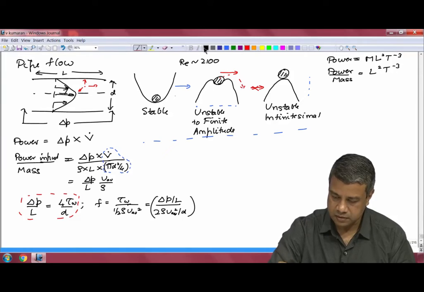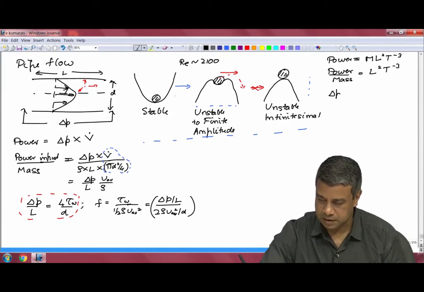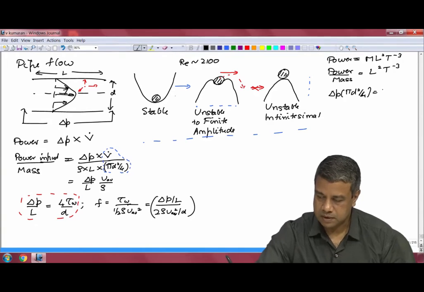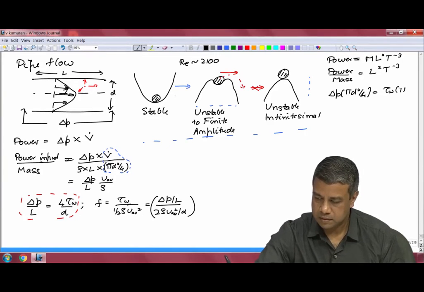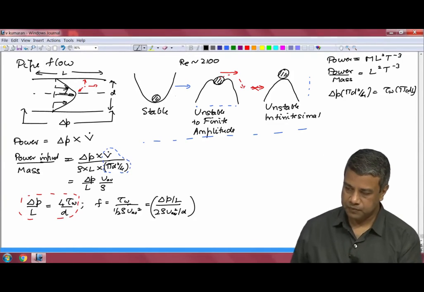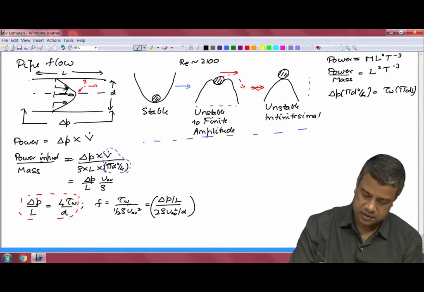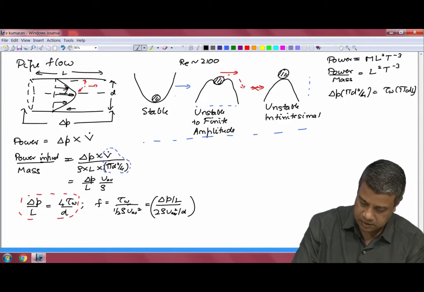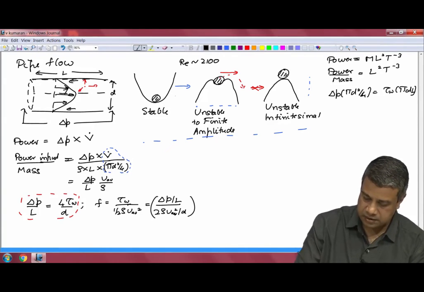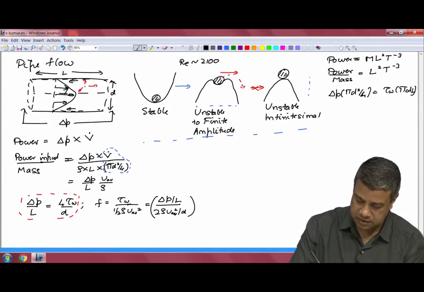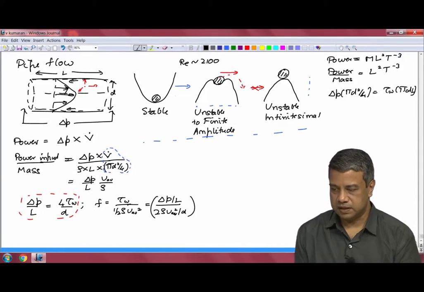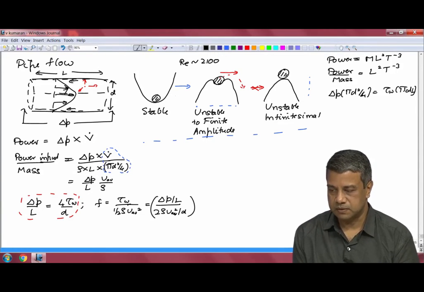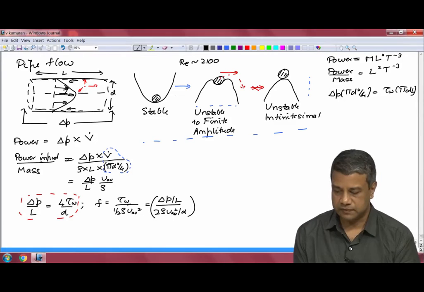The force exerted due to the pressure difference, which is delta P into pi d square by 4, was equal to tau W into pi d L. The pressure difference times this cross sectional area was equal to the wall shear stress exerted on the wall times the cylindrical area. That was the force balance that we had used to get this expression. And that gave us delta P by L is equal to tau W into 4 divided by D.